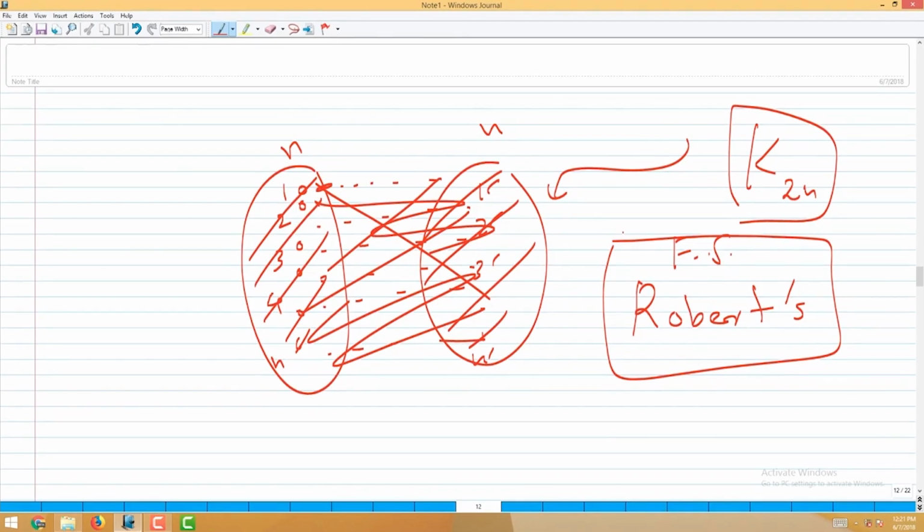yeah, this is K2n bar or something like that for some people, because this is the complement of a collection of edges. Some people call it cocktail party graph, in some algebraic graph theory books.